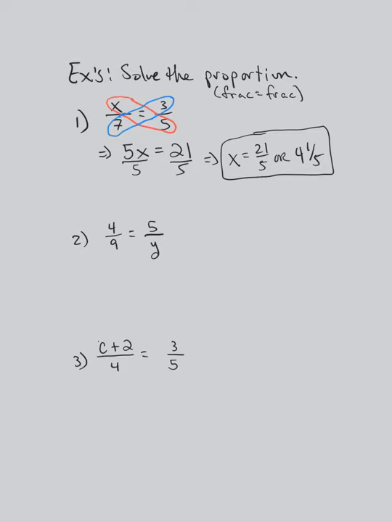On your calculator, you would type in 21 over 5 in parentheses, and then divided by 7 to get that decimal. That should come out to be 0.6. If you type in 3 over 5 on your calculator, you'll also get 0.6. So it does check. Okay, so let's move on to this next one.